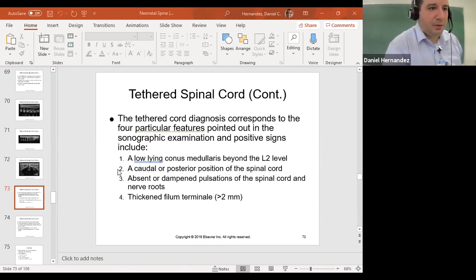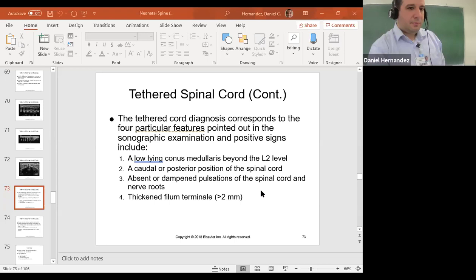So it's going to be a low position of the spinal cord, absent or dampened pulsations of the spinal cord and nerve roots. So again, you're not going to see it pulsating or moving with the pulse and respiration. It's going to be fixed or adhered. And also a thickened filum terminale greater than 2 millimeters. So those are going to be your 4 main criteria for diagnosing a tethered cord.